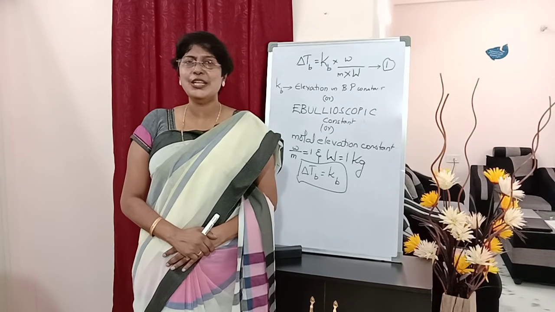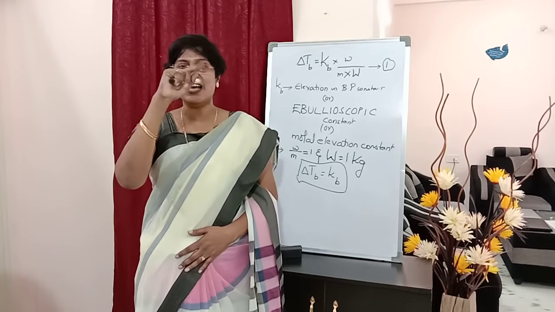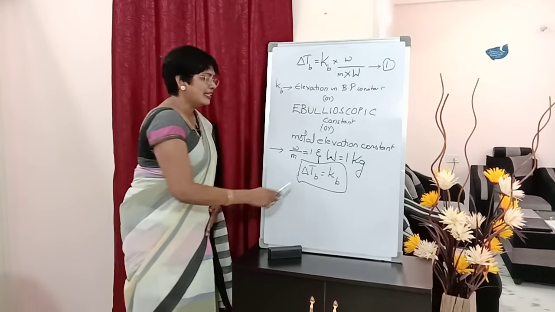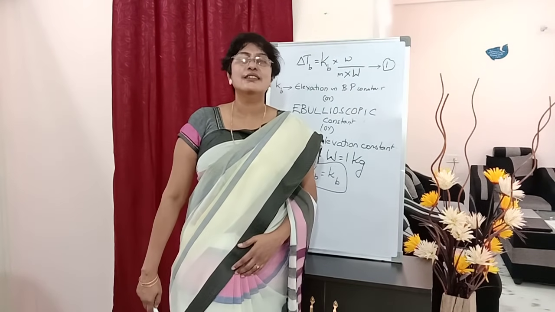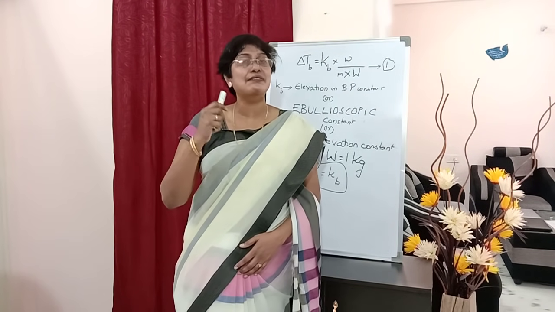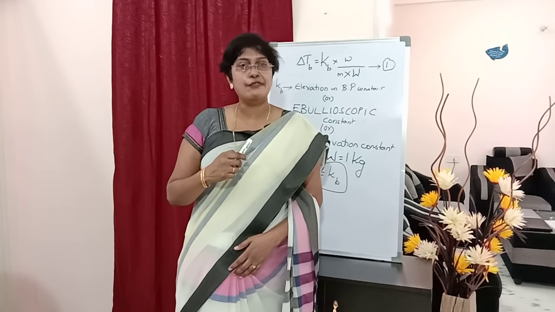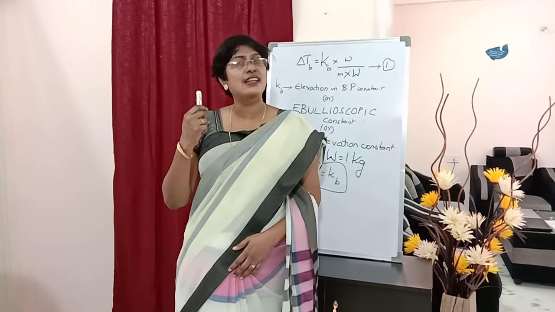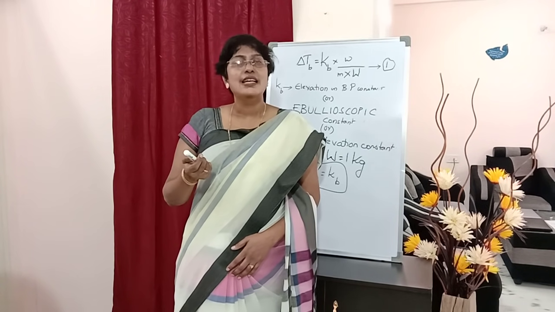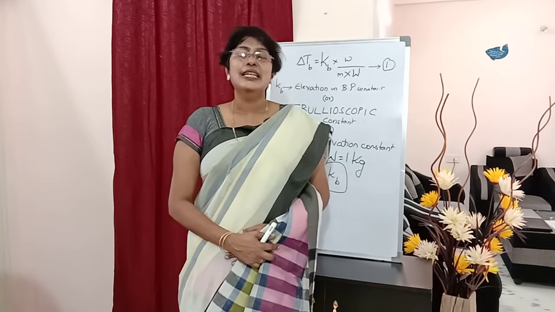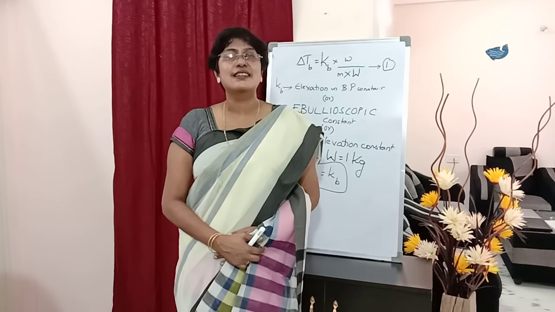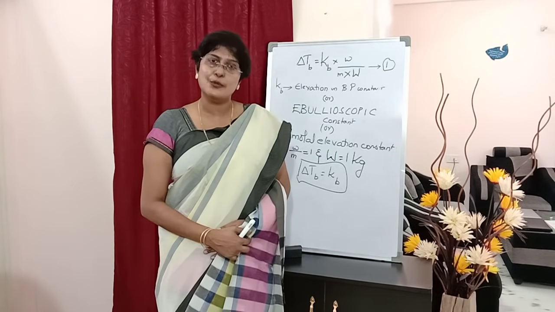Okay. So put it in words, students. Quickly write down. Put it in inverted commas. Kb below. Therefore, Kb is defined as elevation in boiling point.